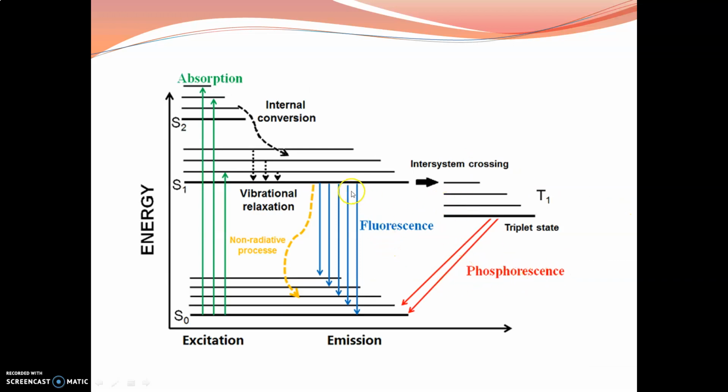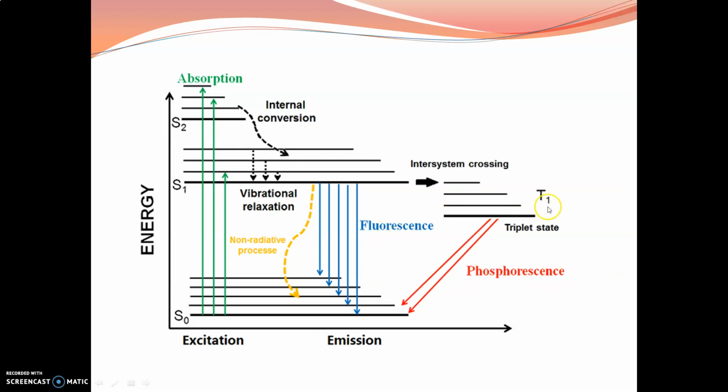So for phosphorescence, from S1, if the electron is changing its spin, we name it as triplet state. We write it at some other side over here, and we term it as T1. Now from this T1, if this electron goes to S0, the ground state, by emitting photons, light, that is your phosphorescence.